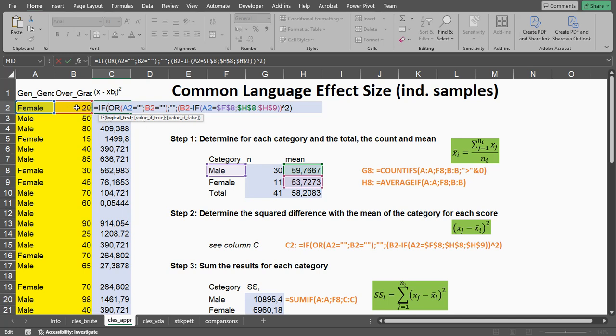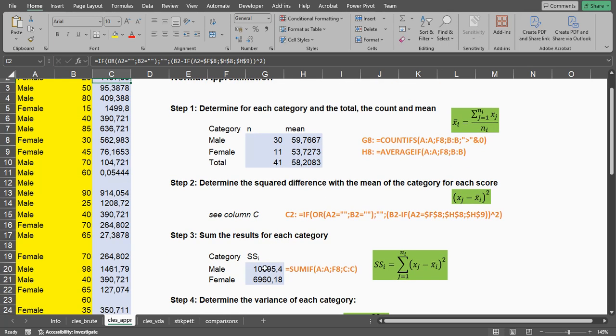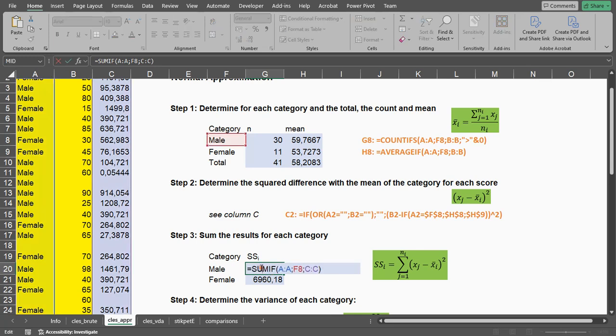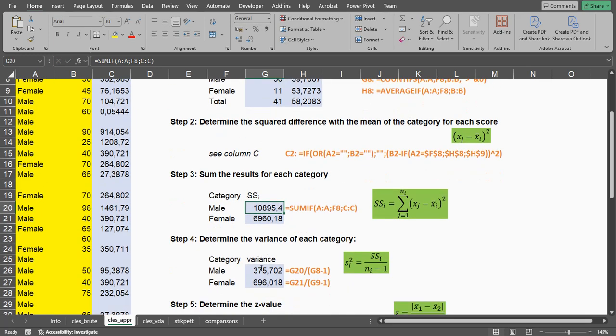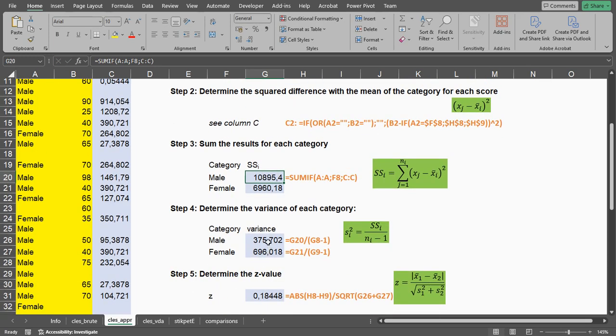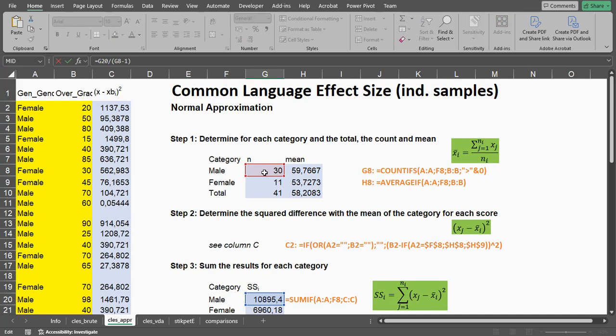For each of them, I'm taking the score, subtracting the average of whichever of the two it was, and then squaring that result. Once we have all of those, we can sum the ones for each category using SUMIF, and then determine the variance by dividing it by the sample size minus 1.